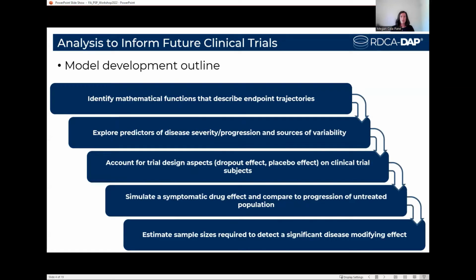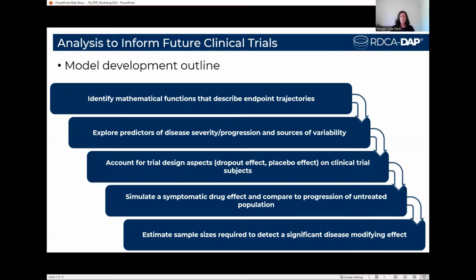And then we examine the available variables in our data set that could be used to explain the variability in the population with respect to the severity and the rate of progression. Variables can be genetic information or patient demographics, as well as other endpoints or outcome measures. We can also account for additional design aspects like patient dropout effect and placebo effect if we can confirm that the data will support these additional model components.